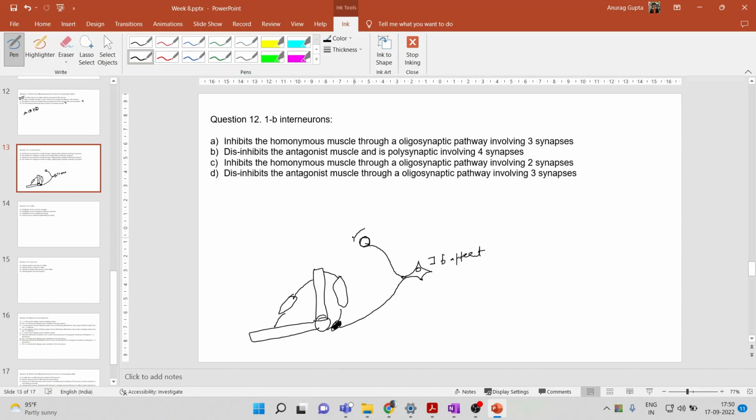So we have a 1B interneuron here, and what this 1B interneuron does is cause inhibition in the alpha motor neuron.